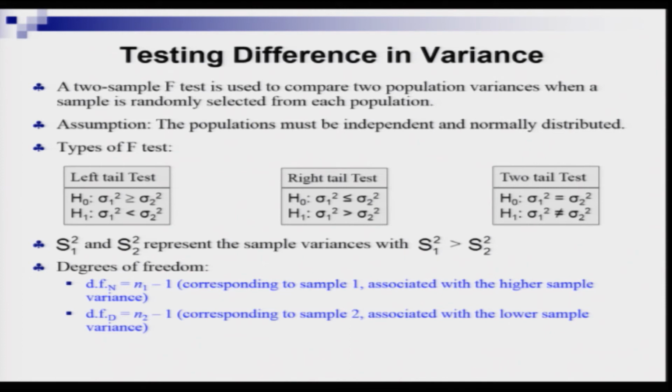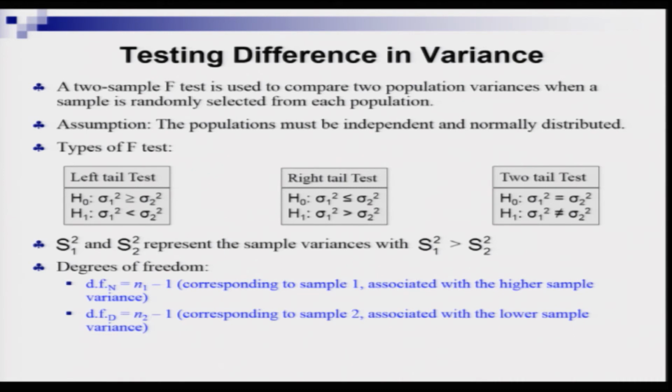Here we have to make a very strong assumption that the populations must be independent and normally distributed. And if you remember our previous lectures, the F test could be of three types, namely left tail test, right tail test and two tail test, and I am showing you the null and alternative hypotheses under all three categories. These expressions are given in these three boxes. The left hand box talks about the left tail test, and you see sigma 1, sigma 2.